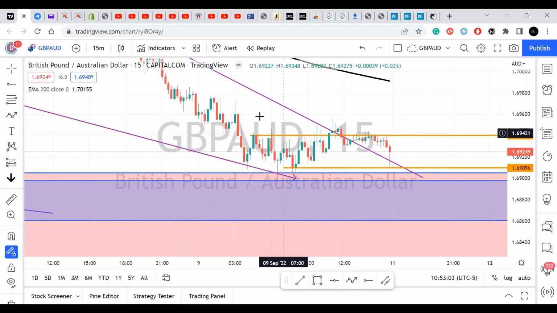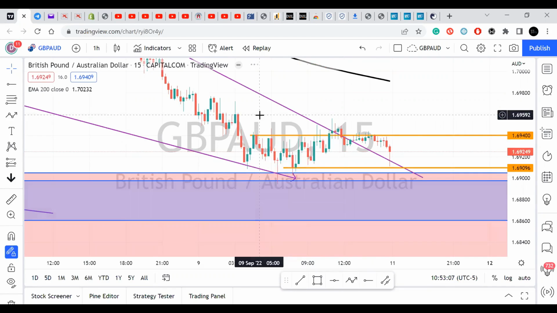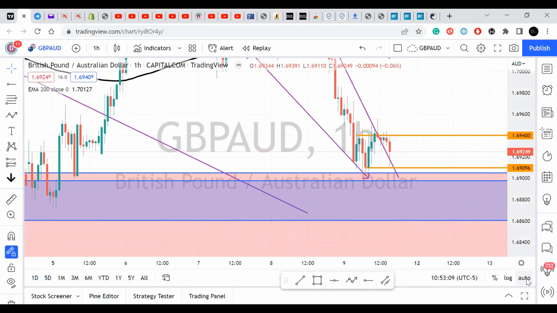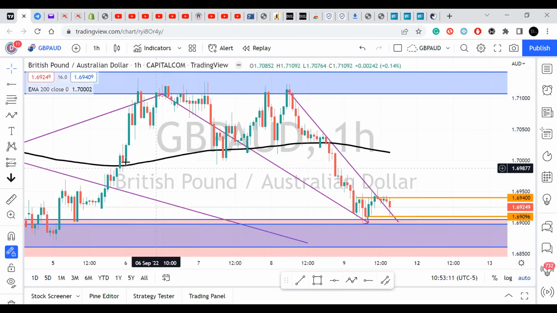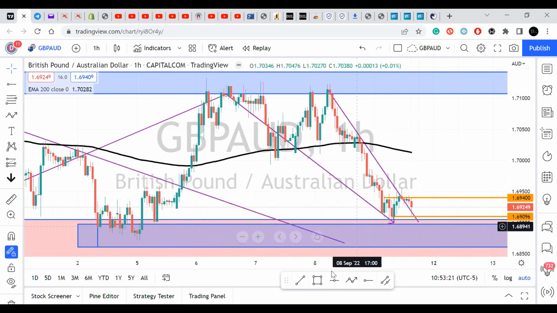So for the TPs, if we're going to buy, and why are we doing this? Even on the H1 time frame, see that structure also is broken.